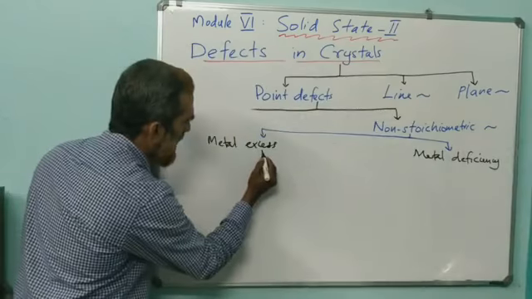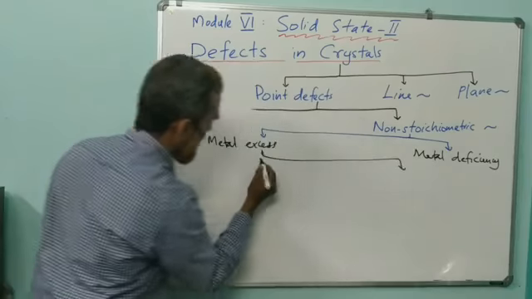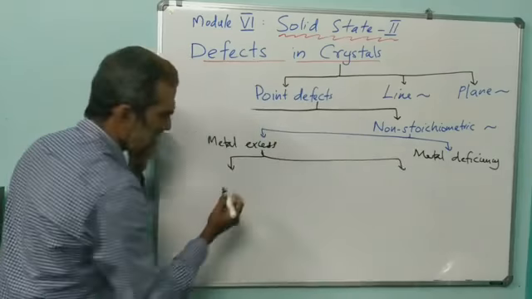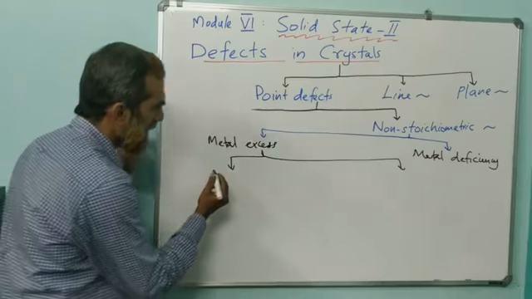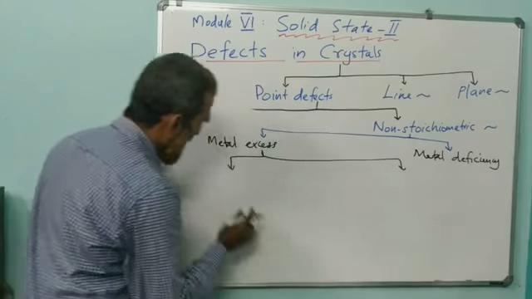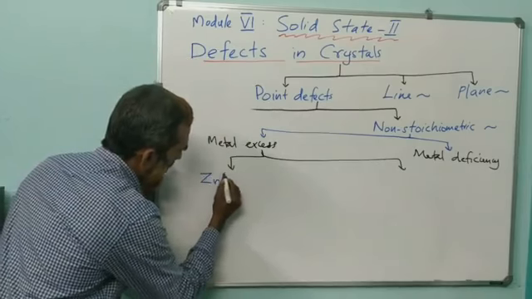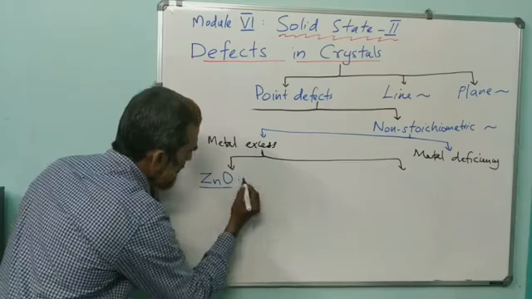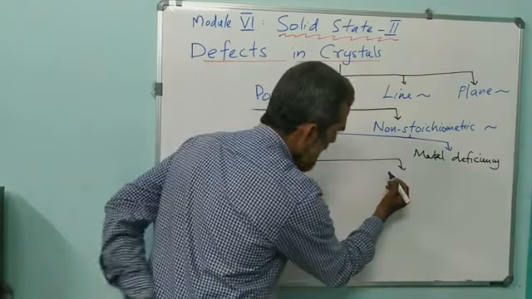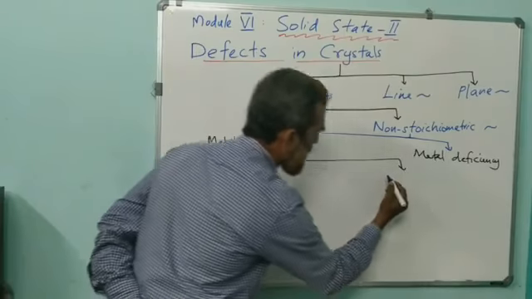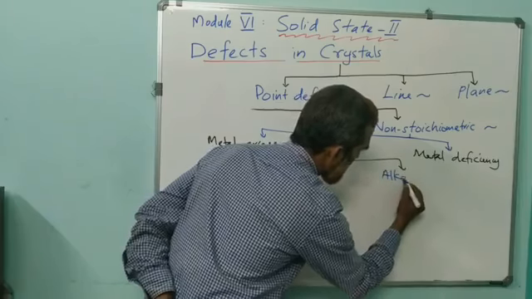Now let us first discuss metal excess defect, for which we can take two examples. One is metal excess defect in a specific crystal, that of zinc oxide. Zinc oxide is showing a metal excess defect, and the second one is what is found in alkali halides.